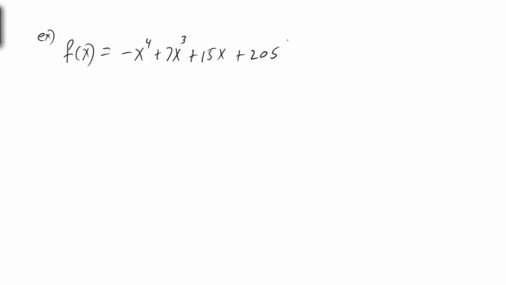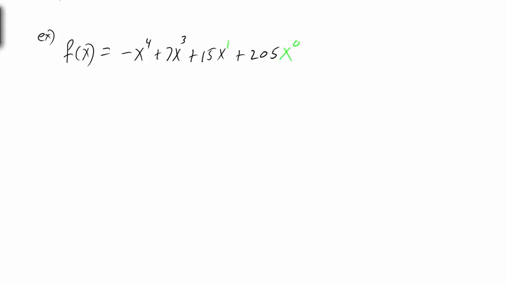Now, the first thing is we want to make sure this function is in descending order. Well, if we notice here we have x to the fourth, x cubed. There's no x squared, so that's fine. And then we have x to the first, and then we would have our x to the 0. So we have our function in descending order from largest to smallest exponent.